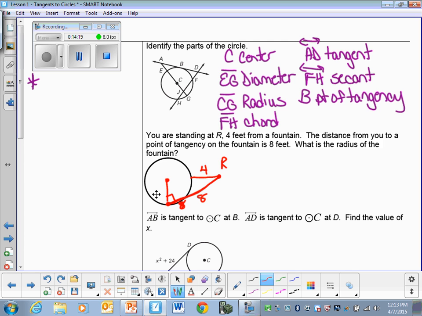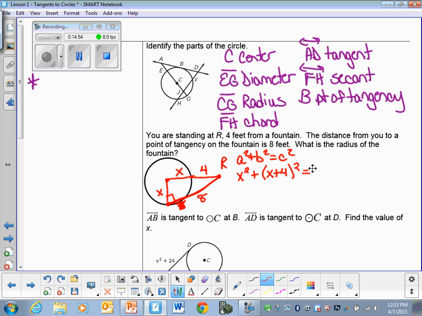Remember that the point of tangency has to be my right angle. See what I mean about my drawings often looking inaccurate? The right angle is not at the center. The right angle is actually at the point of tangency. So when I look at this, I'm using the Pythagorean theorem. A squared plus B squared equals C squared. Well, my A is x, and my B, in this case, is x plus 4.